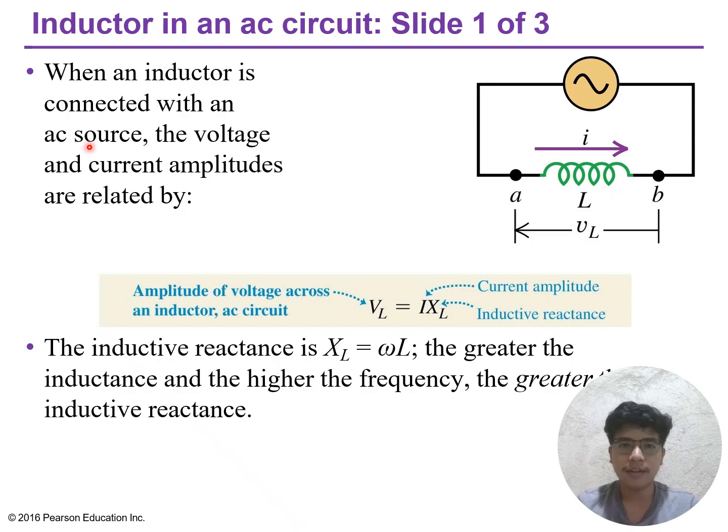When an inductor is connected to an AC source, the voltage and current amplitudes are related by a new expression different from Ohm's law. V subscript L equals I times X subscript L, where X subscript L represents the inductive reactance.